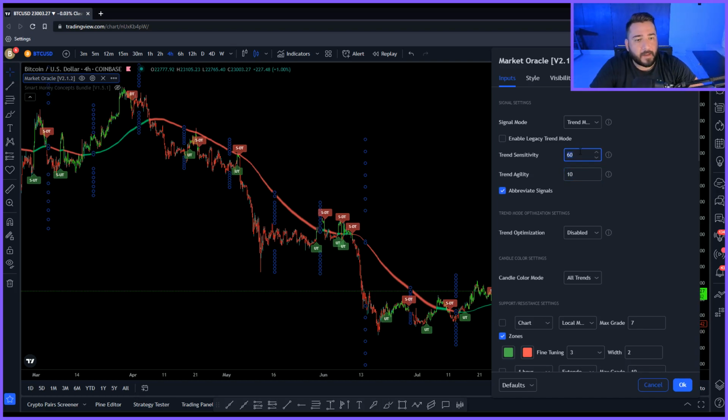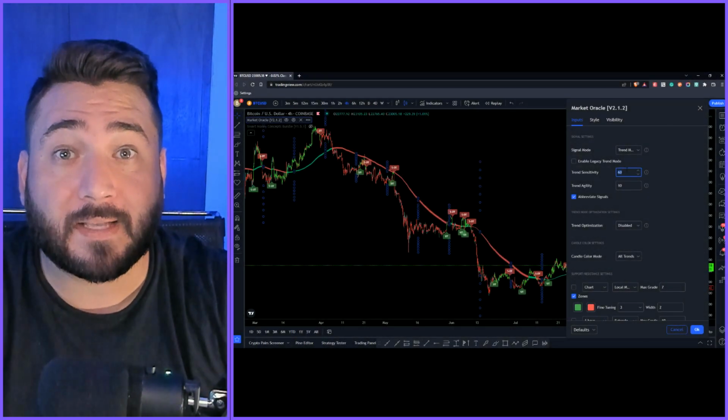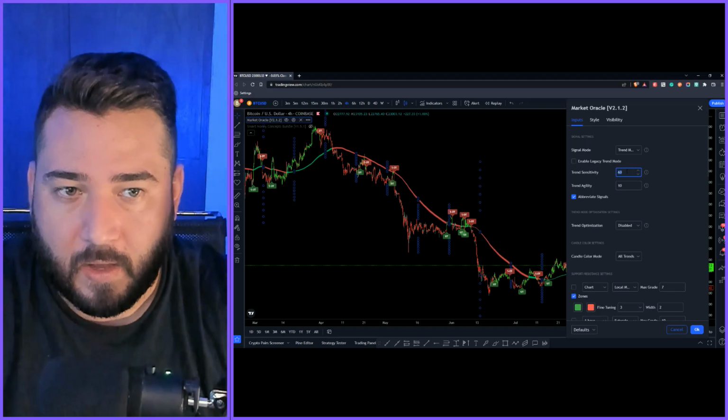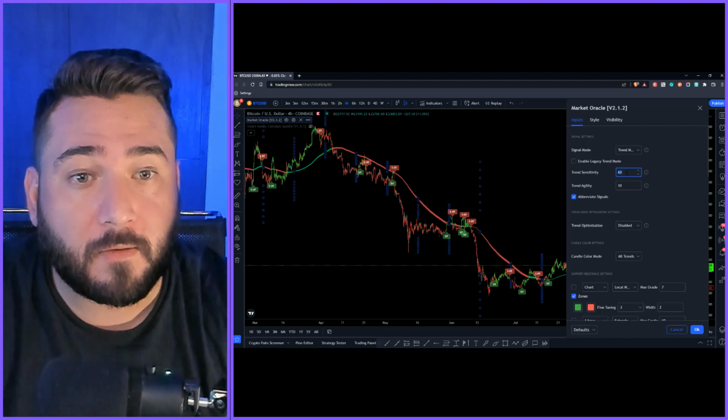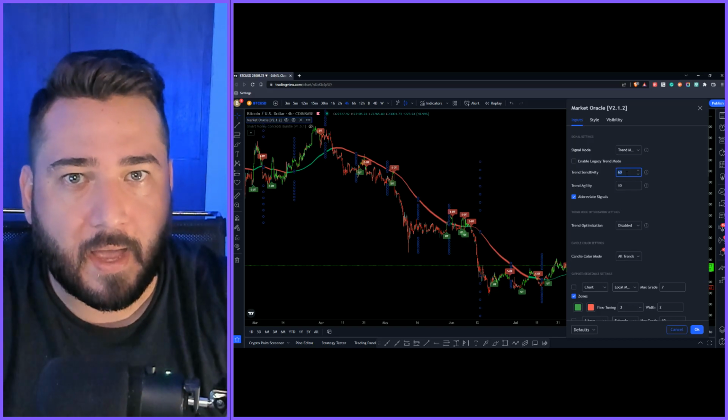Now that I have reset my trend agility, it's time for me to increase my sensitivity, because remember, I'm starting with my trend sensitivity and then fine-tuning it with my agility. Once again, I'm going to be moving my trend sensitivity back up and then fine-tuning it with my agility.